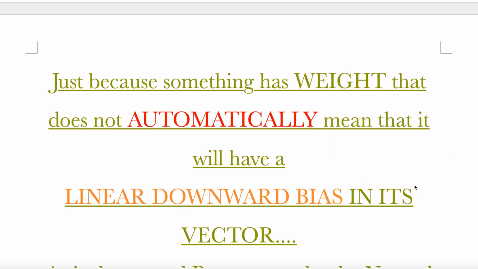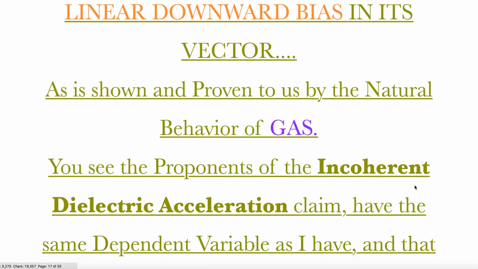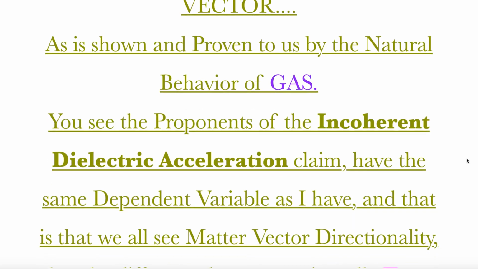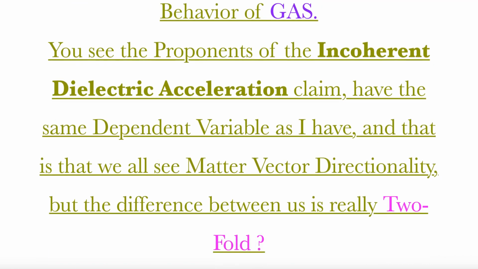Right? Weight does not automatically mean linear downward bias in its vector, and this is the proof, as is shown and proven to us by the natural behavior of gas. You see, the proponents of the incoherent dielectric acceleration claim have the same dependent variable as I have, and that is that we all see matter vector directionality, but the difference between us is really twofold.